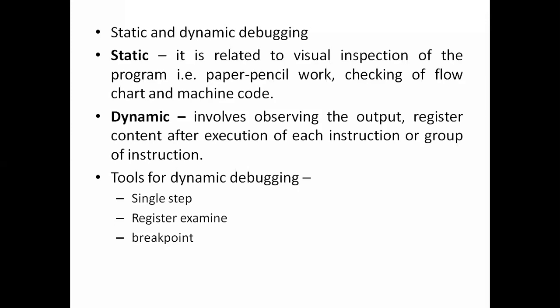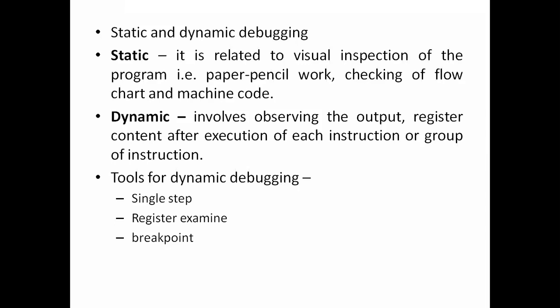Normally, the whole program is executed in one go. But when the whole program is executed and you are not getting the desired result, you may be thinking about where the error has come from. So what you will do, you have a process by which you can do single stepping, and this single stepping provides you the facility to execute one instruction at a time.